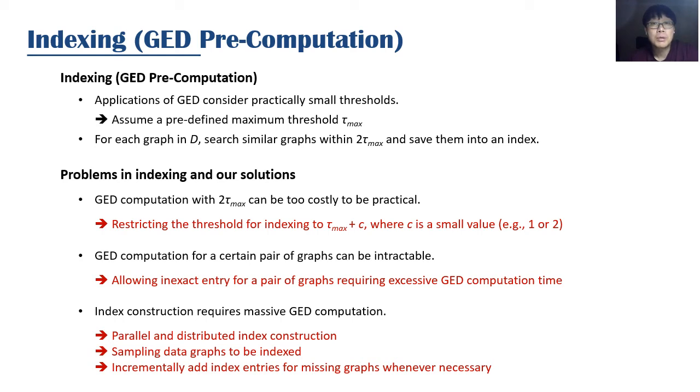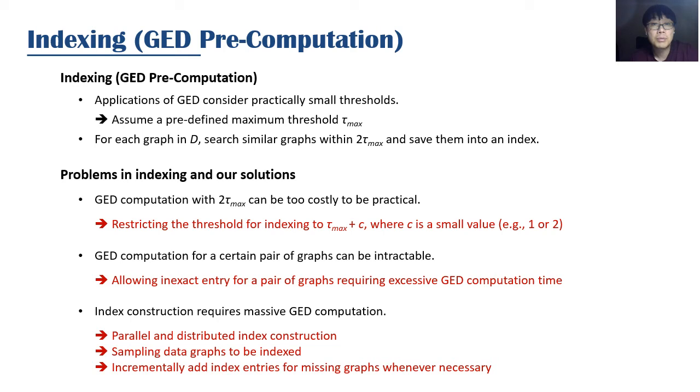To solve the problem, we allow an inexact entry for a pair of graphs requiring excessive GED computation time. In this case, we save a lower bound of the GED instead of an exact one. Please see also the paper for how such a pair is detected, and how a GED lower bound of the pair is computed.